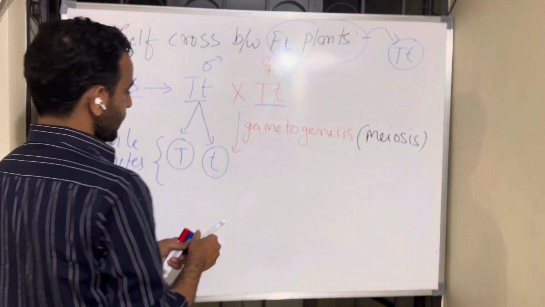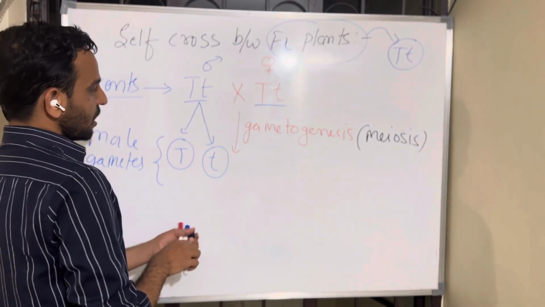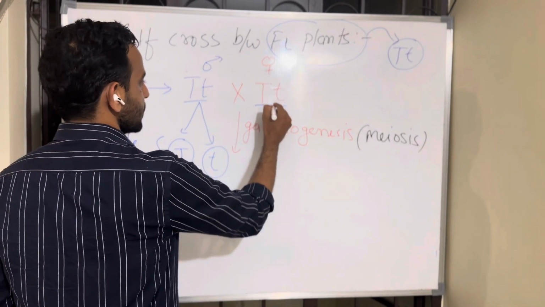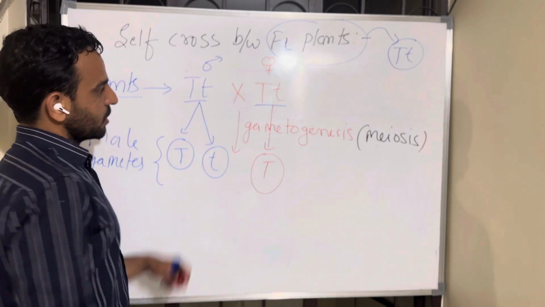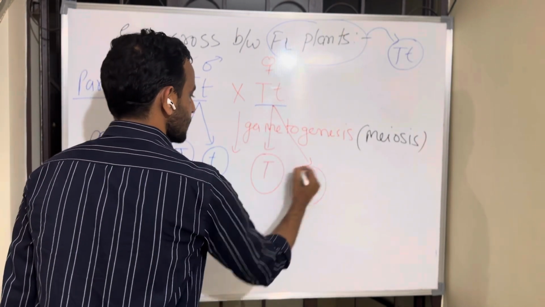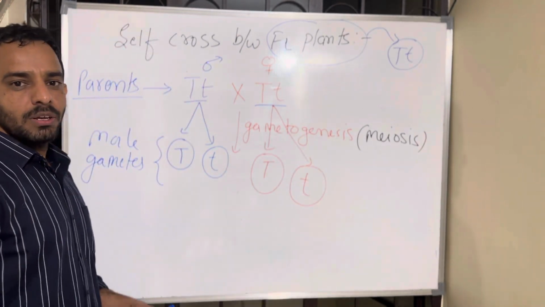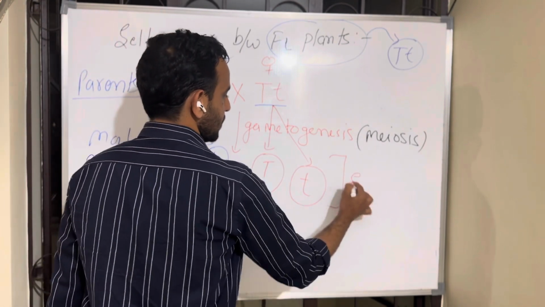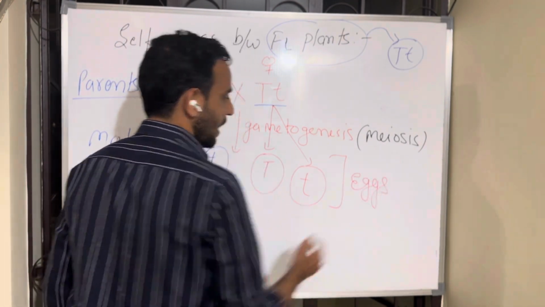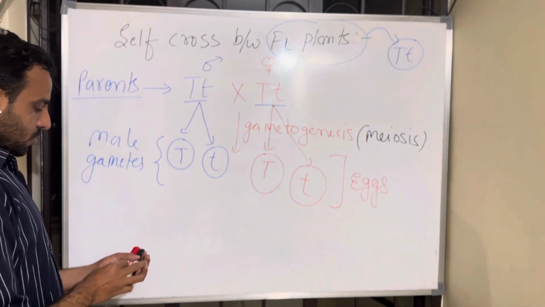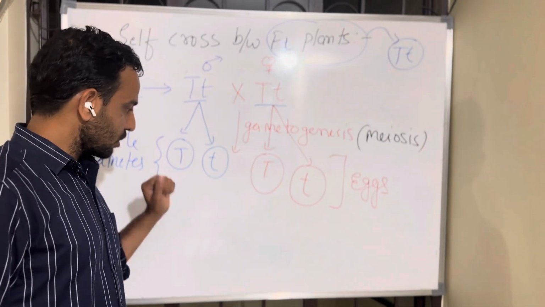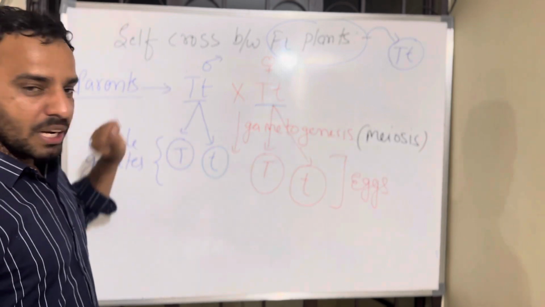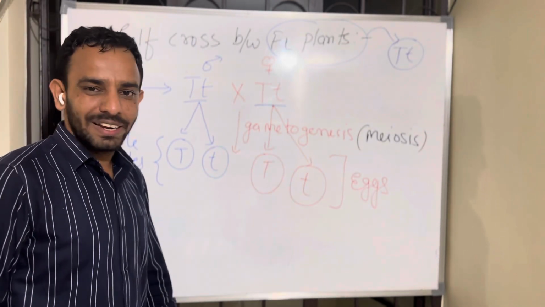And similarly here, in this case, one egg cell will be capital T type and another egg cell will be small t type. These are egg cells in the embryo sac. So two types of gametes, one capital T, another small t. Two types in male, two types in female we will get, right?